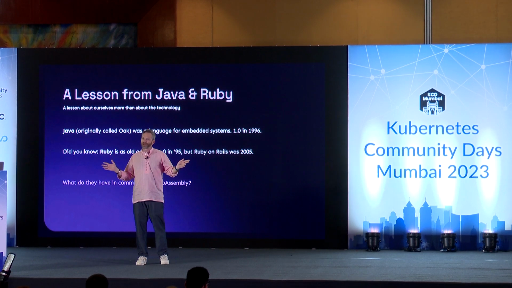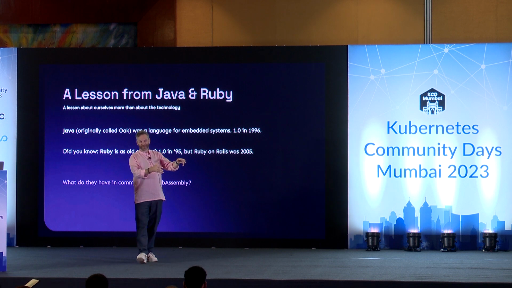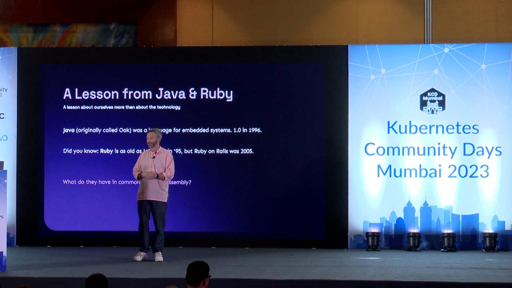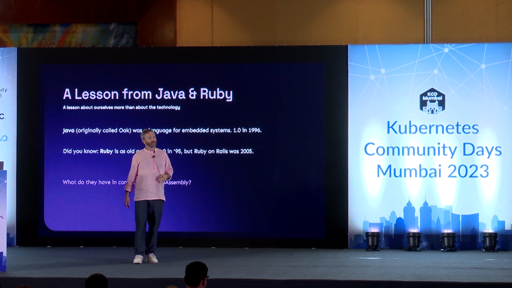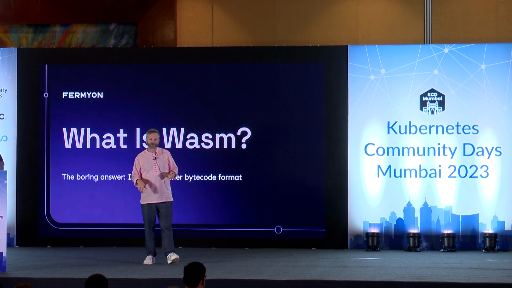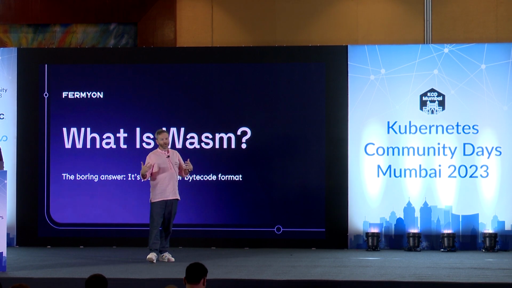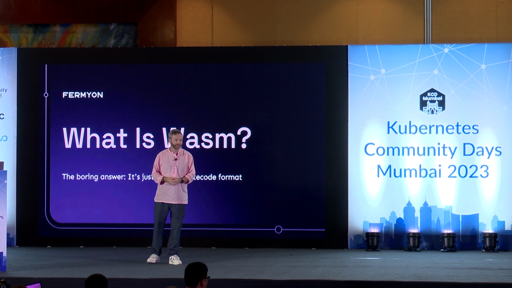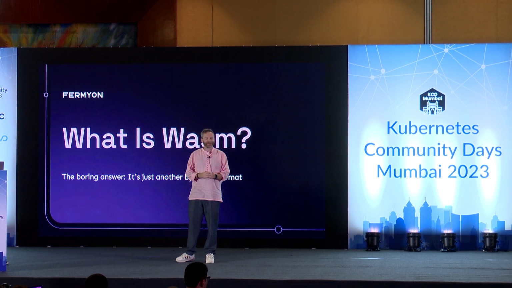That was the invention of Ruby on Rails, which was not a shell programming environment, but a big web application development environment. So WebAssembly is going to be a similar story. It started as a technology for the web browser, and it has since moved on to become a general purpose technology. So what is WebAssembly?